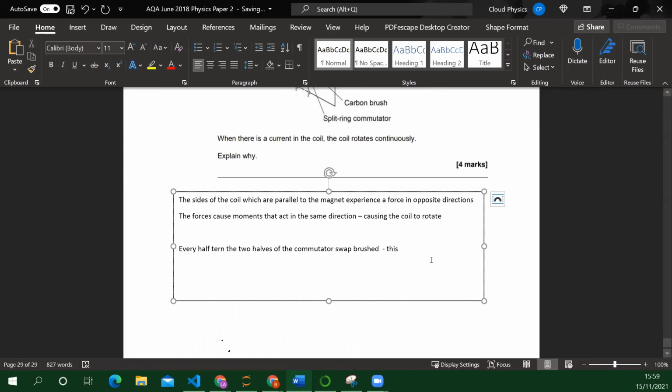Okay, so this swap of carbon brushes reverses the current in the coil to keep the coil rotating.